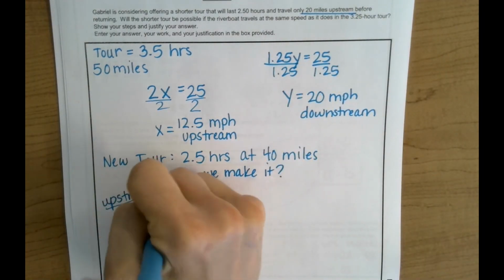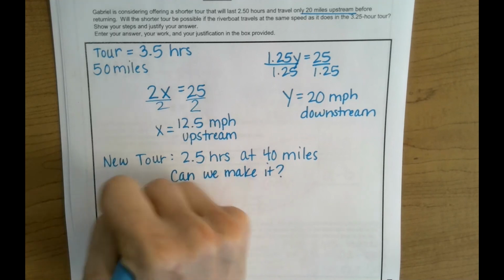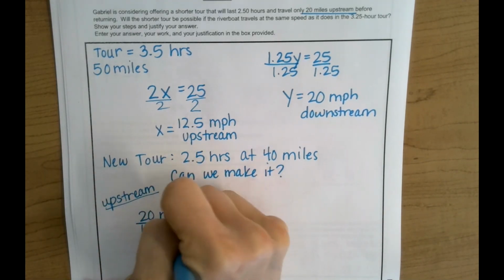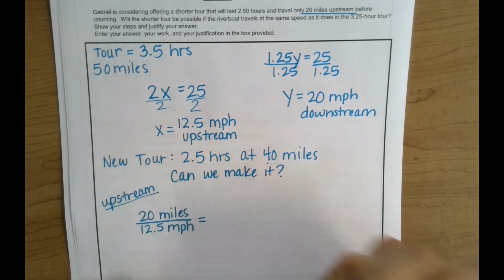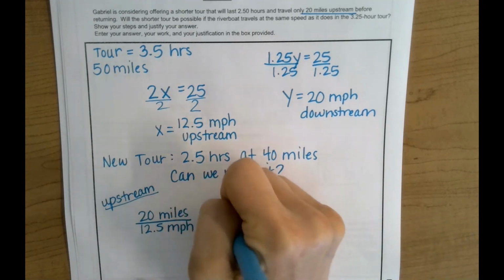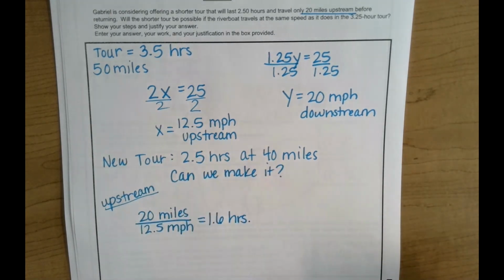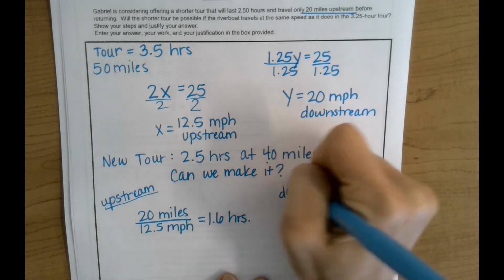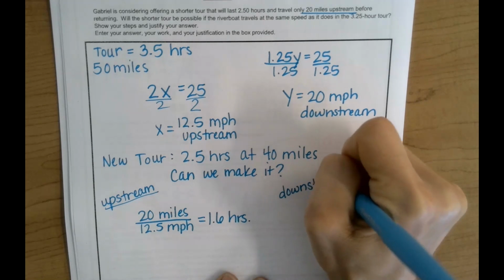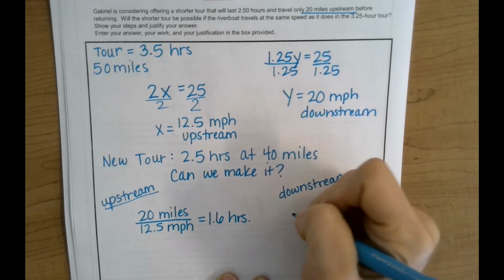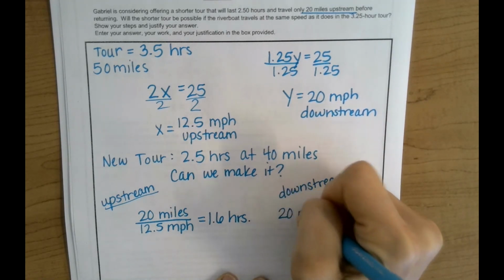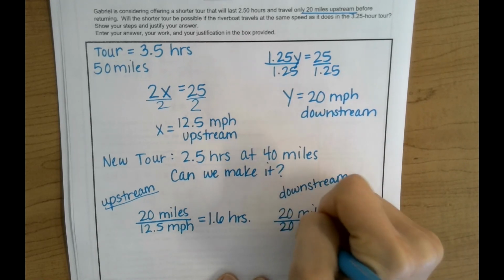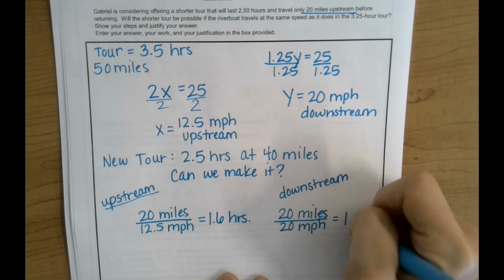And if we divide that by the 12.5 miles per hour, we get 1.6 hours that it will take. And then for our downstream, we are now going 20 miles downstream at 20 miles per hour. That will take 1 hour.